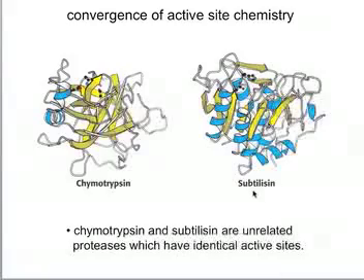So subtilisin, which we've been talking about the last couple of slides in terms of enzyme kinetics, is structurally unrelated to chymotrypsin, and you can see that very clearly from looking at the amount of helical structure here, and reminding you that chymotrypsin looks like a pair of pseudo-symmetric barrels, whereas subtilisin is this sort of parallel beta sheet sandwiched between some alpha helices. In any case, overall structures very different, active sites identical.